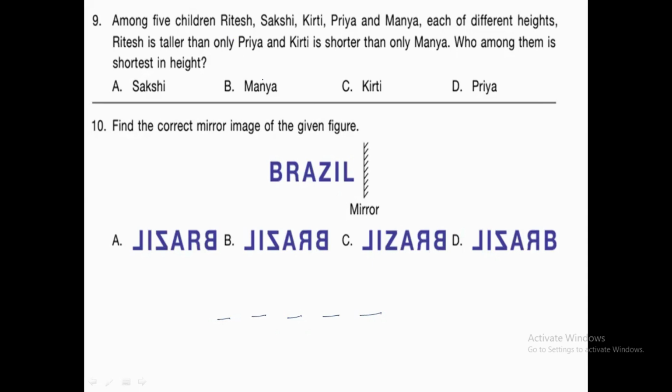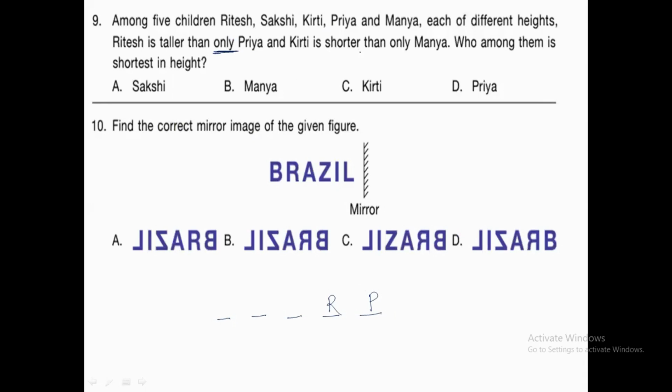He is taller than only Priya, which means Priya will be at the end, because nobody can be after Priya. So Priya should be at the end and Ritesh should be before Priya.